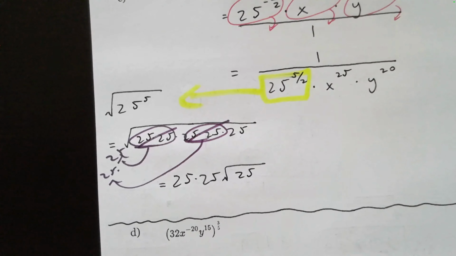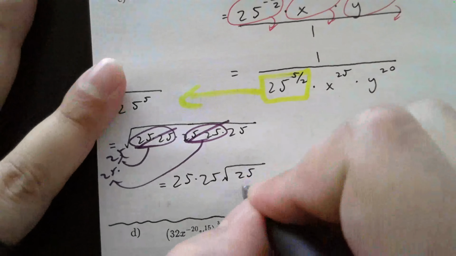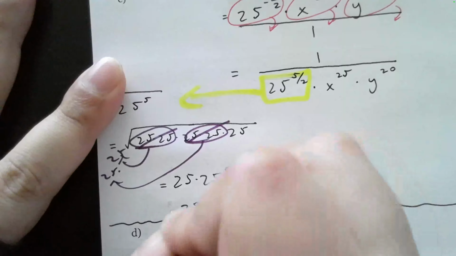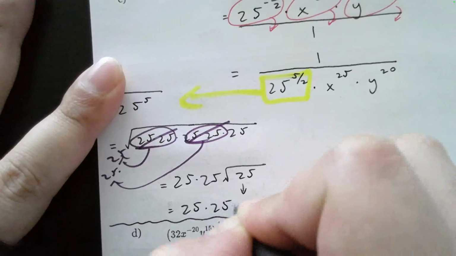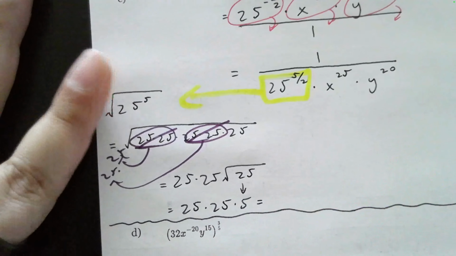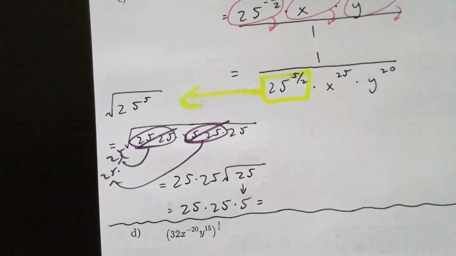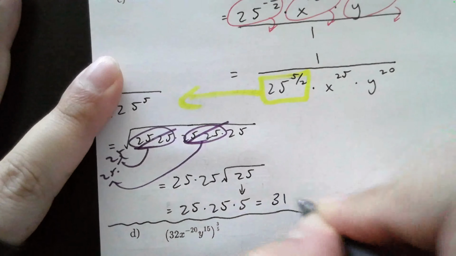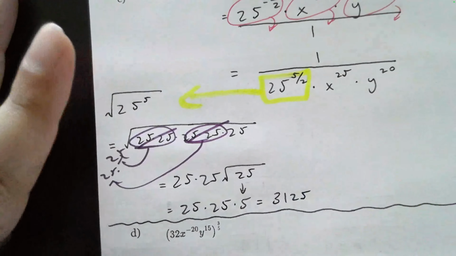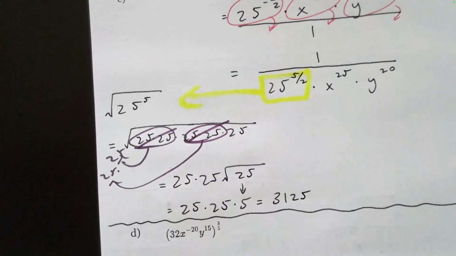Well, 25 itself has a pair. What is the square root of 25? 5. So that guy has a pair, so don't leave one in. So it's actually 25 times 25 times regular 5. And when you do that, I believe you get 3,125, if I remember from last period.